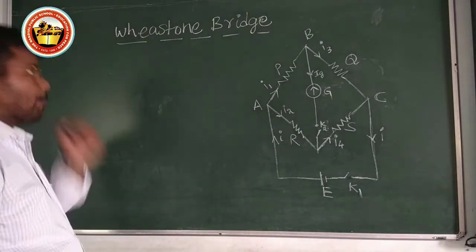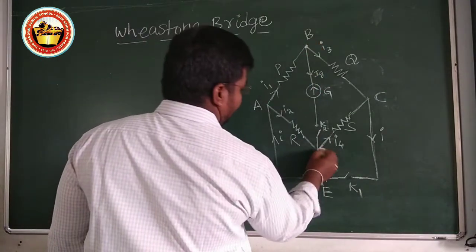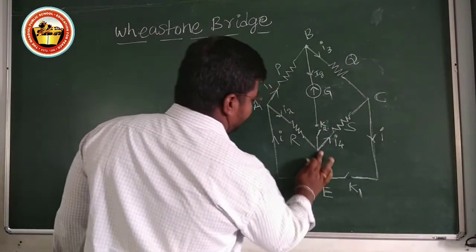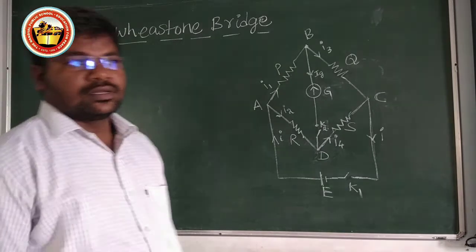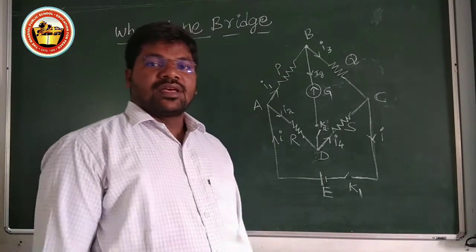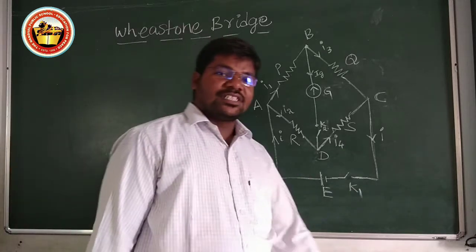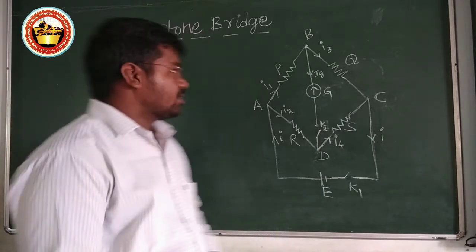At point B, we can apply the junction rule. So what is the junction rule? The algebraic sum of currents entering the junction is equal to the algebraic sum of currents leaving the junction.